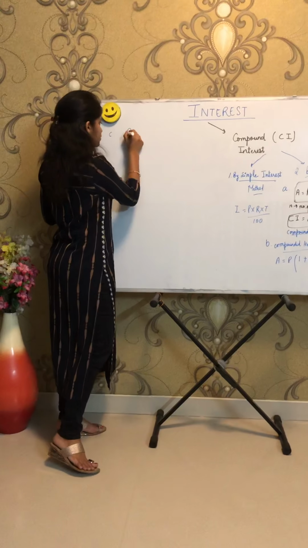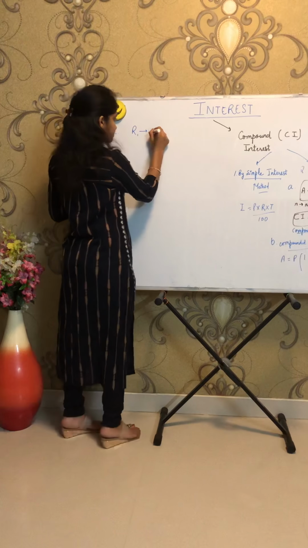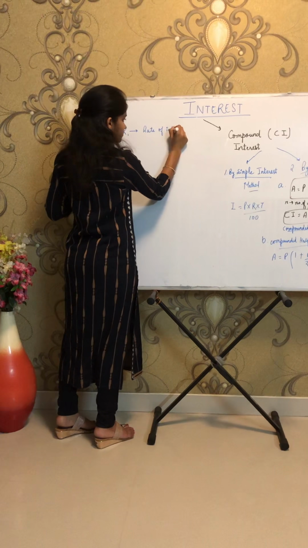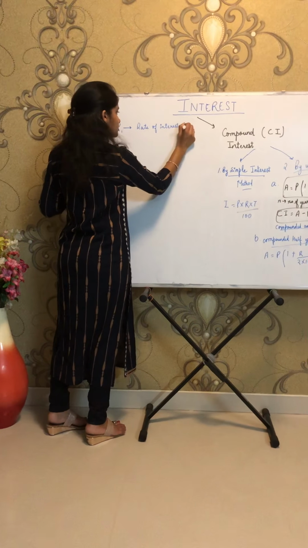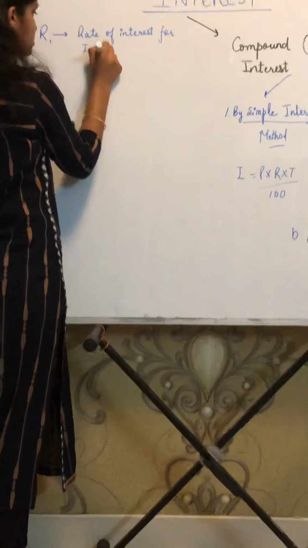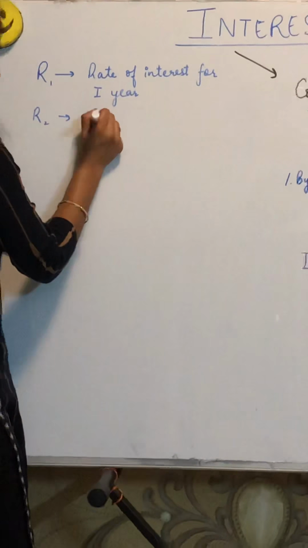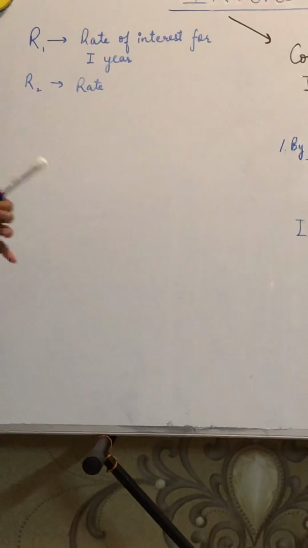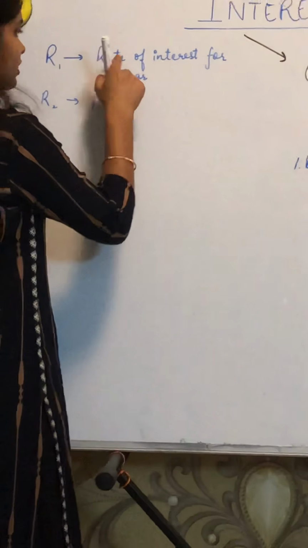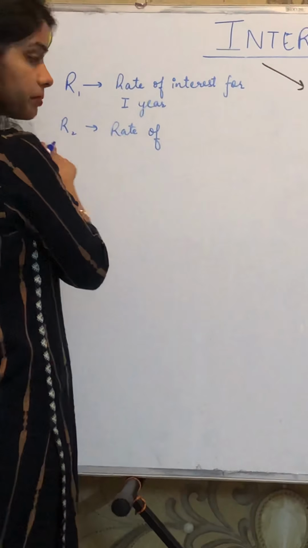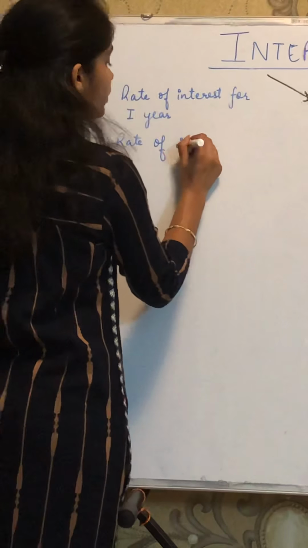Let the rate of interest for the first year be R1. And for the second, suppose someone is taking a loan from the bank and he is paying rate of interest 6% in the first, then 10%, then 12%.